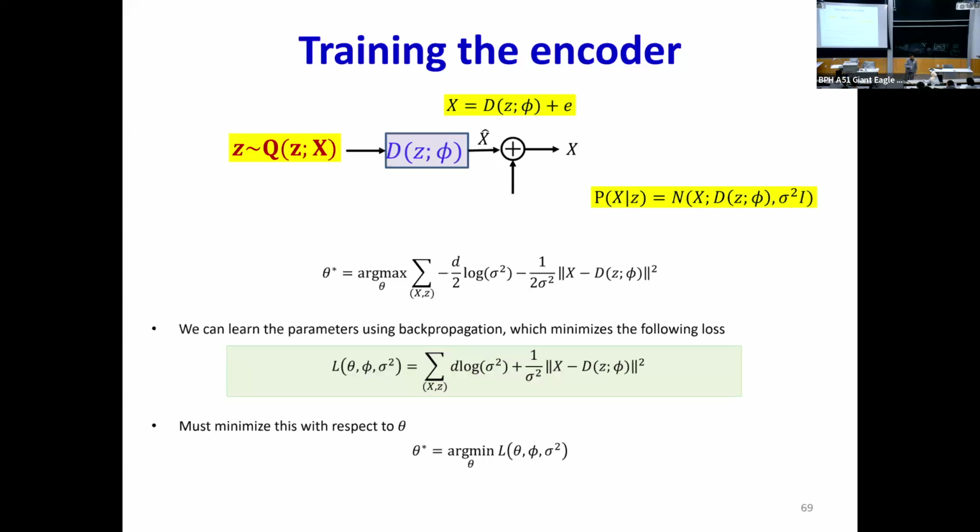So it's very strange. You're linking the encoder to the decoder by saying that if the decoder is doing a perfect job, then the probabilities of all of the outputs generated from Z sampled from Q should be very high. That's when Q is catching the P of Z as tightly as possible. And so you're going to maximize the log likelihood of the output with respect to theta.